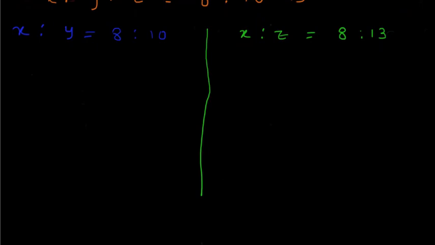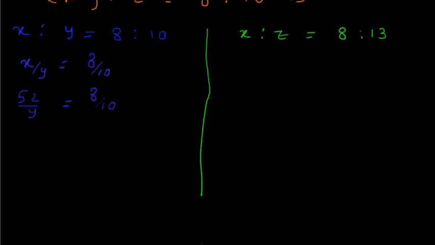Solving this one, I can write X divided by Y is equal to 8 by 10. This is another way of writing it. Now I know the actual value of X, which is 52, so 52 by Y equals 8 by 10.